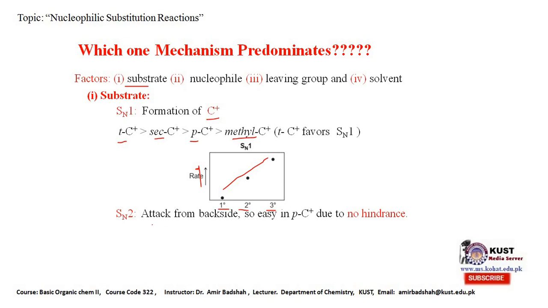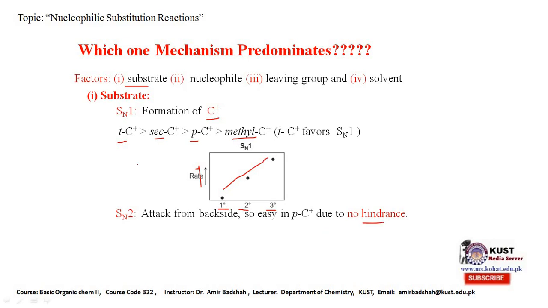So, in case of the SN2 mechanism, we know from the mechanism that the attack takes place from the backside. In the backside attack, it is easy for a nucleophile to attack the primary carbocation or methyl carbon compared to the tertiary and secondary carbocation due to hindrance.